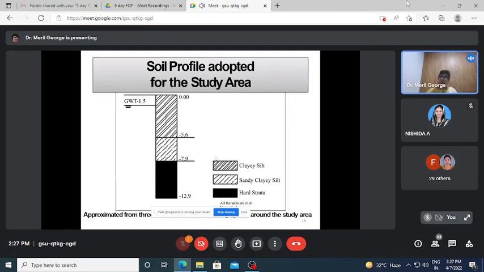And the site was not equipped with any leachate collection system, and polluted soil, that means leachate affected soil, and the leachate from the base of the landfill was collected from these boreholes, which were made for the study purpose.